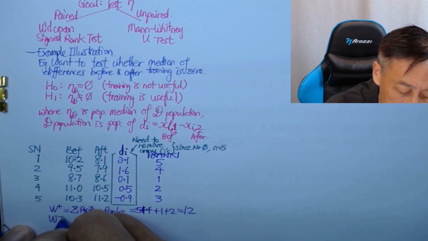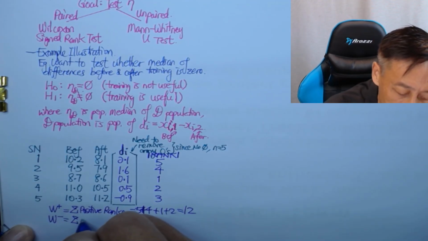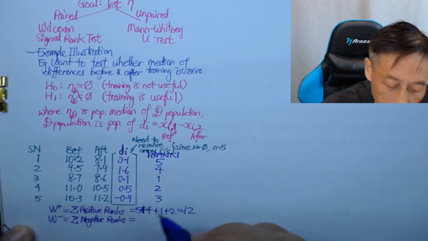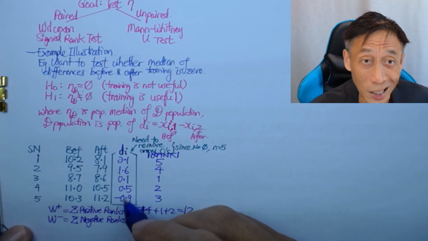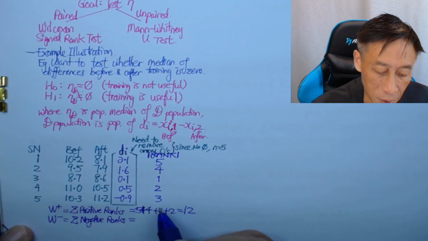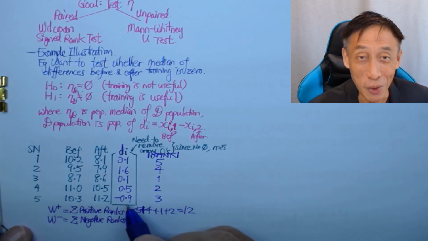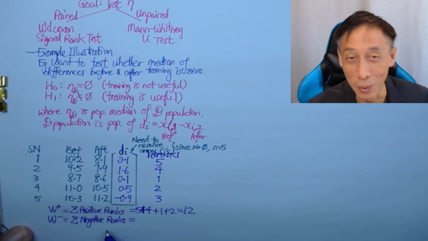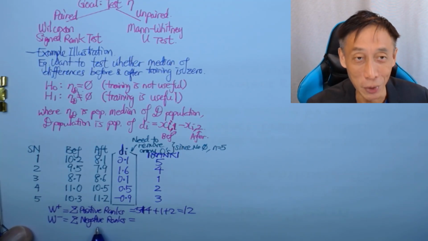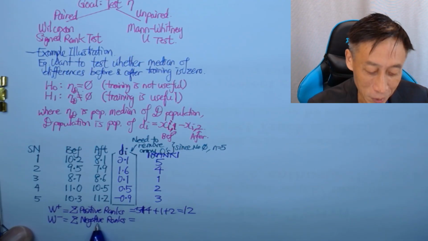And our W minus is the sum of all the negative ranks. This is easy, since we only have one negative value in the data. Negative ranks means the rank that is associated with a negative value; otherwise it would be very wordy. So pardon me for writing this short and maybe not very correct phrasing.